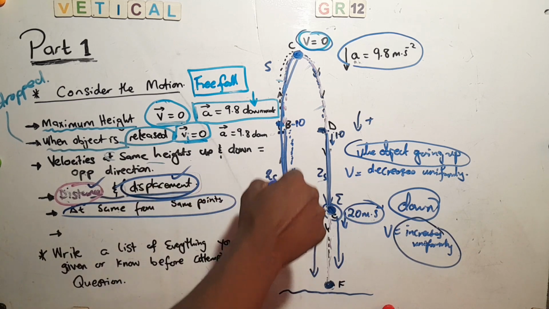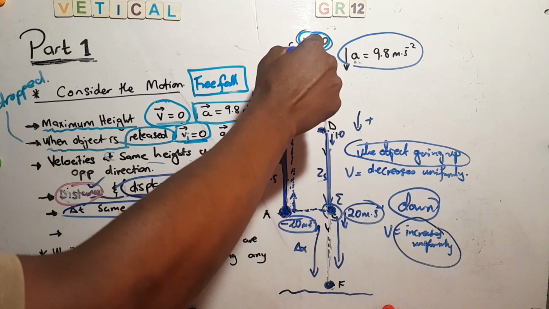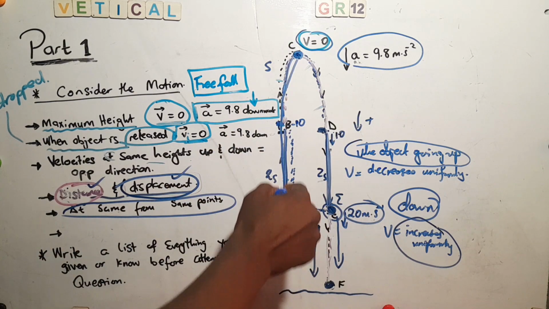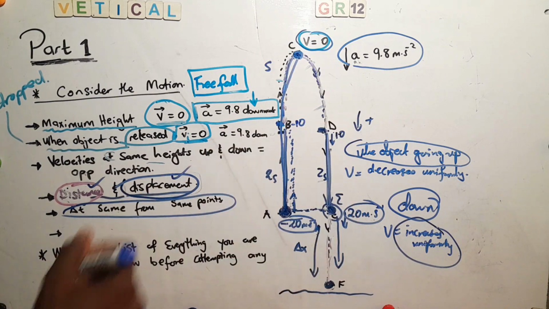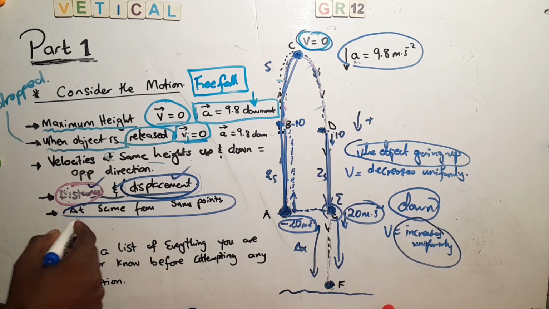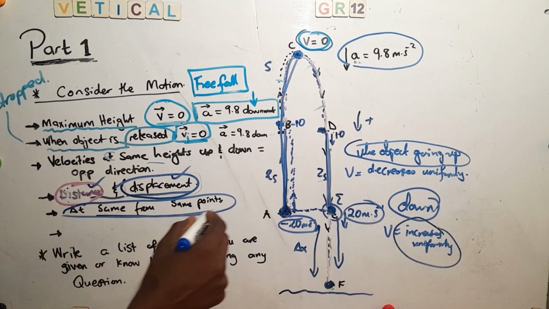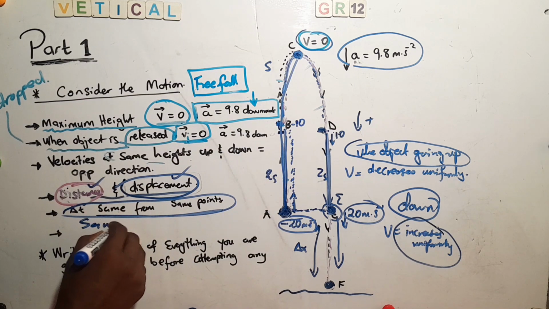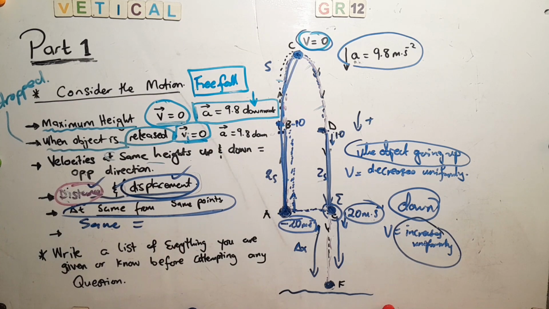So the distance from here to here and the distance from there to there is the same. So it means that also the time will be the same. So always remember that as well. The time from same points in the path is always the same or equal, right?